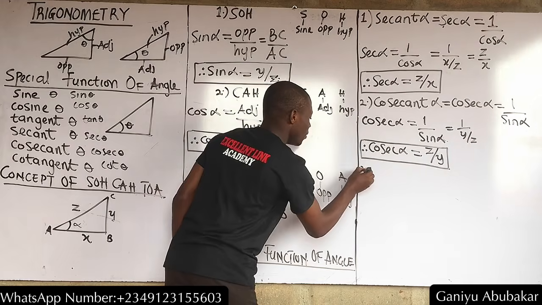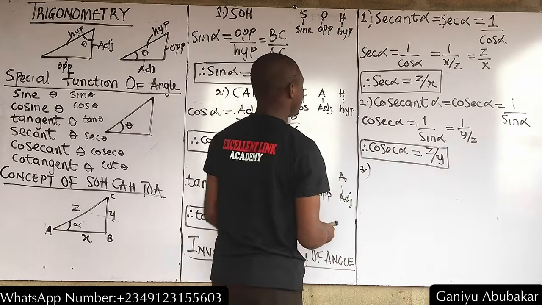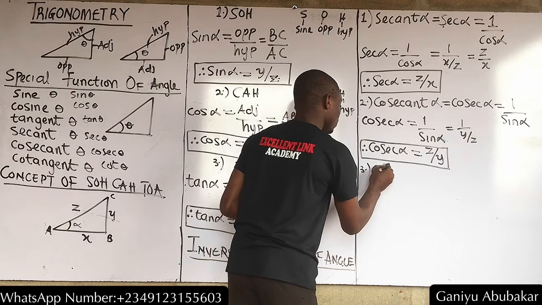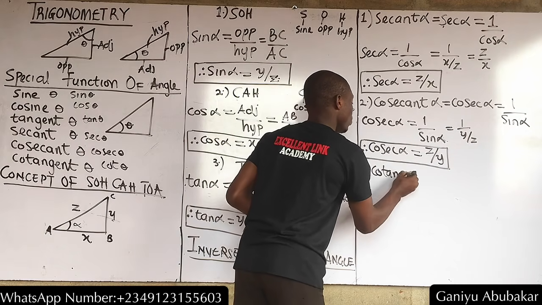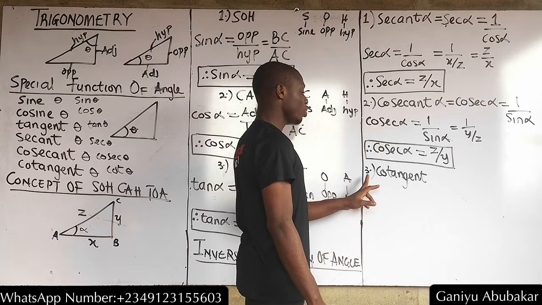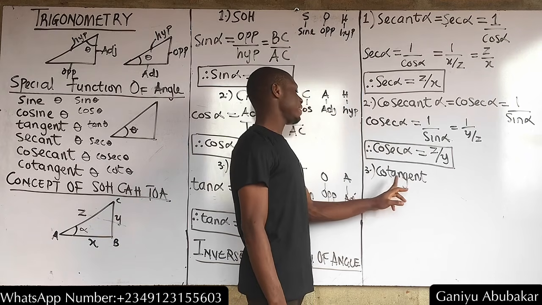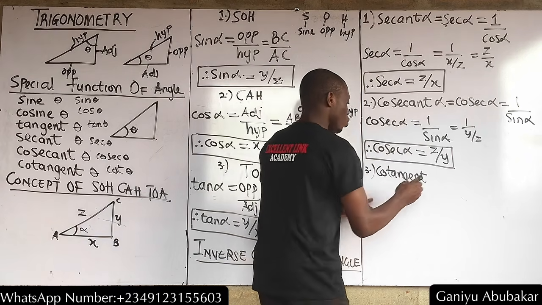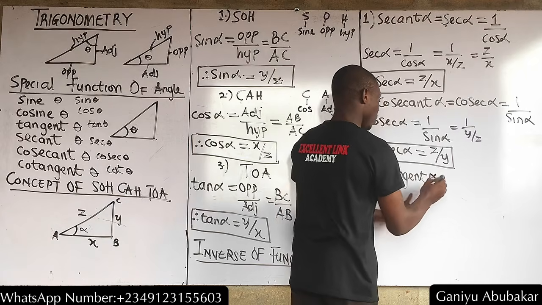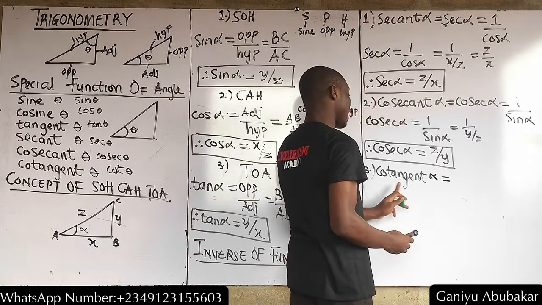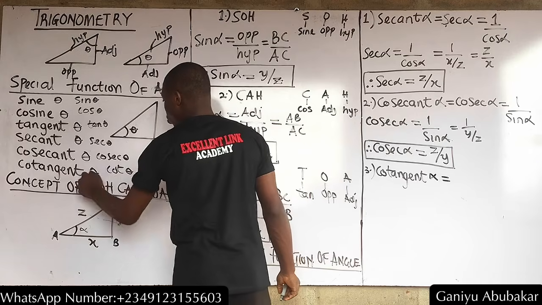Number 3 there is what we call cotangent. So the third one becomes cotangent alpha. The short form of writing cotangent becomes what there? Cot.